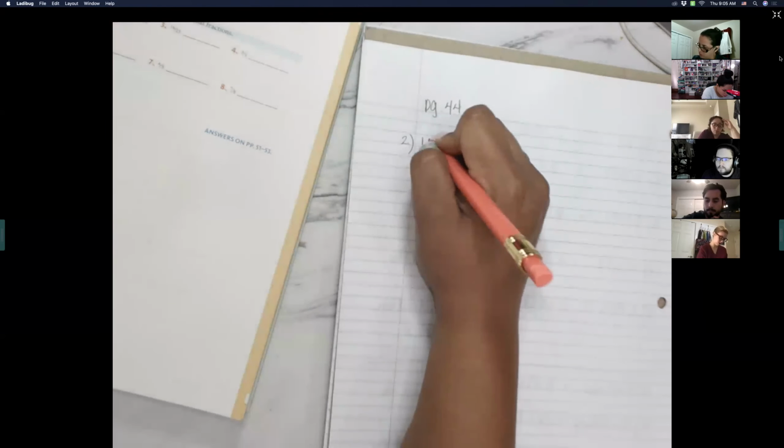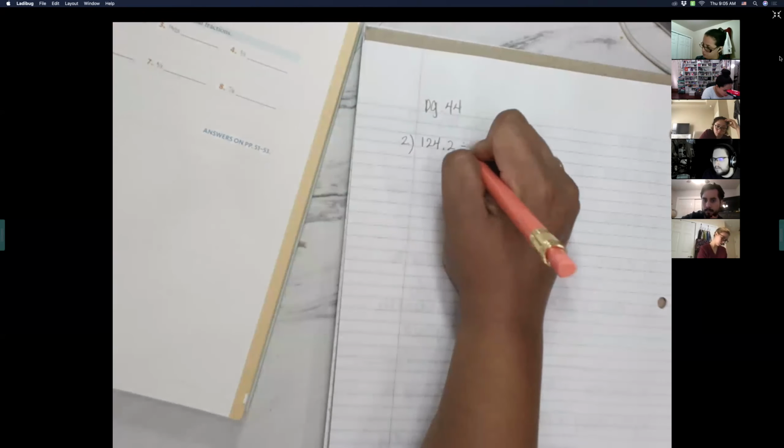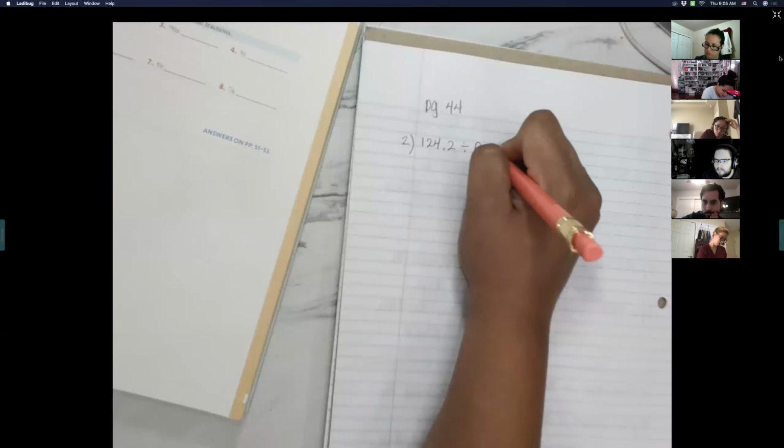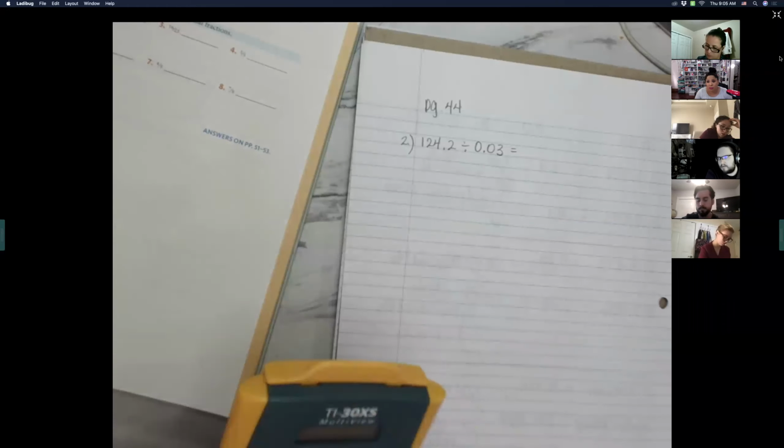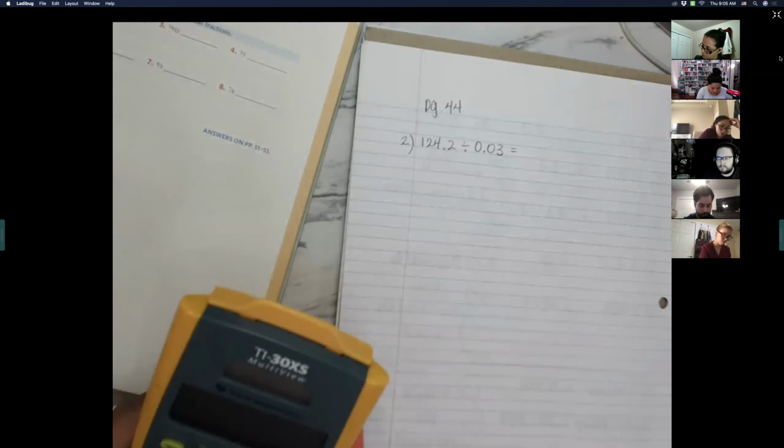And we're gonna do number 2, 124.2 divided by 0.03. I'm not asking you for longhand. I'm asking you throw that bad boy into your calculator and let me know your answer.